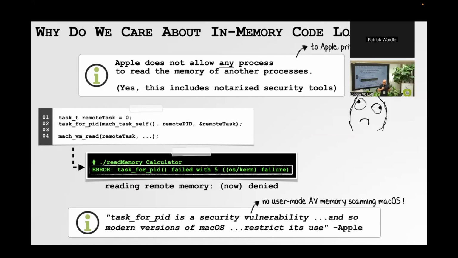And at face value, this actually seems like a very good idea, right? If malware gets on your system, it should not be able to read, for example, cookies in the browser process or authentication tokens in the login process. So that's all well and good. An unfortunate side effect, though, is if we are executing something directly from memory, no security tool can read our memory space as well, which means our payload is essentially 100% invisible.